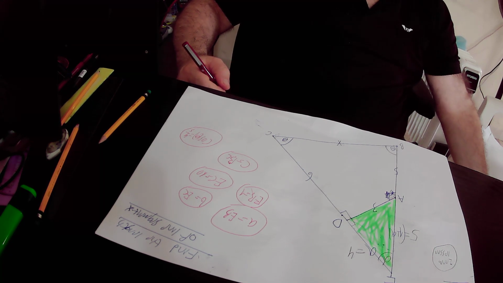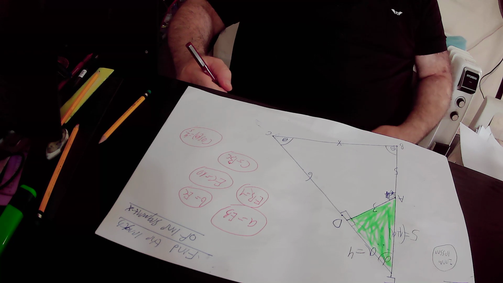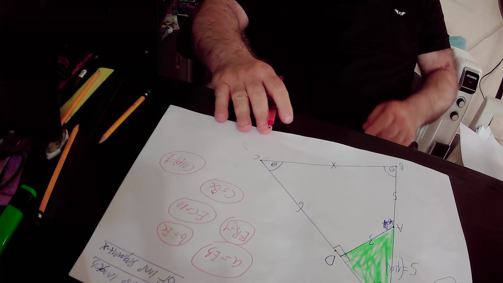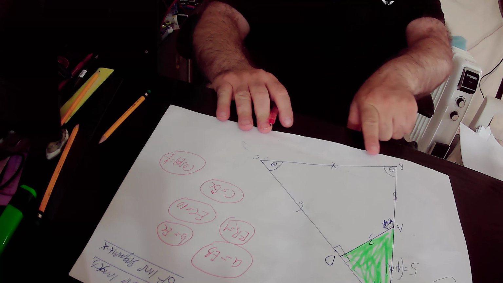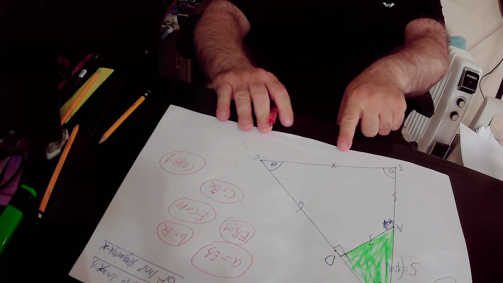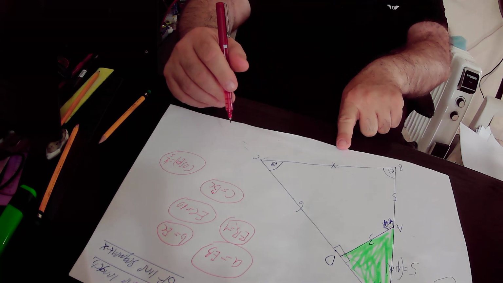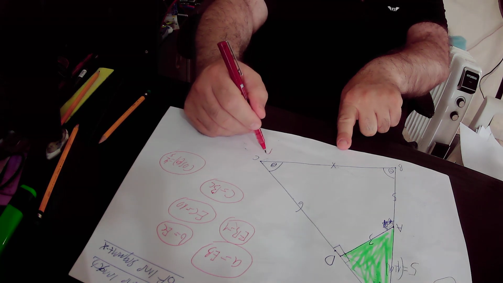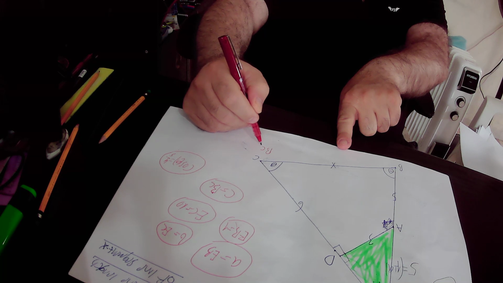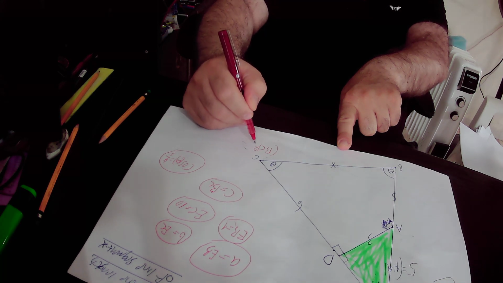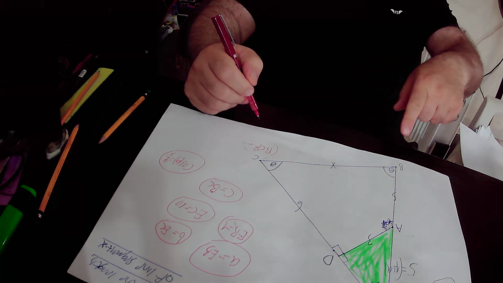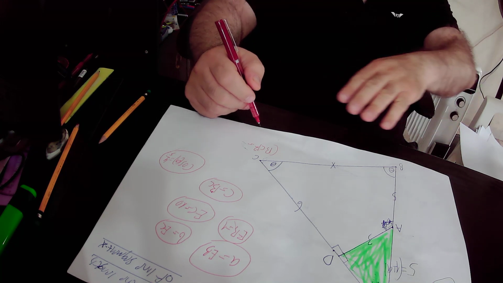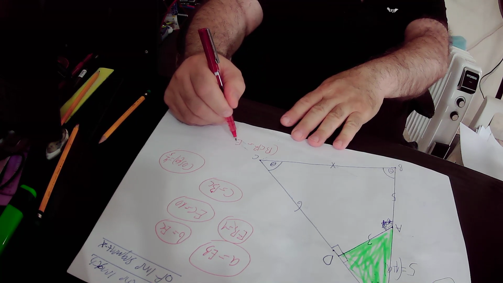So according to the law of cosines, we get that c squared, c equals BC, so c squared is BC squared, equals a squared. A equals EB, so a squared is EB squared.